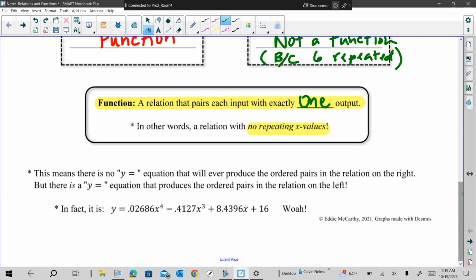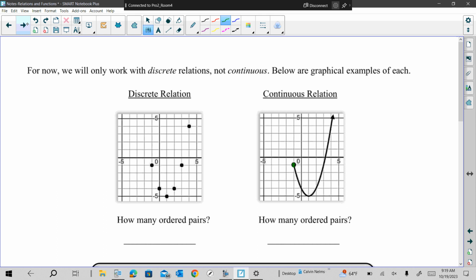All right, do we have the front page? Flip it or open it up. Go to the next part. Okay, so discrete, a discrete relationship. This is when you have separate points, add this to your notes.